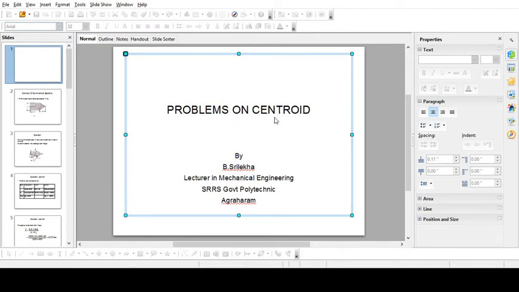So we are dividing this particular C section into three rectangles.